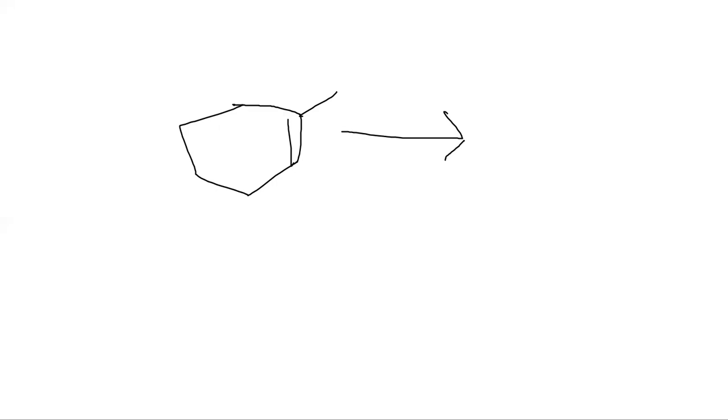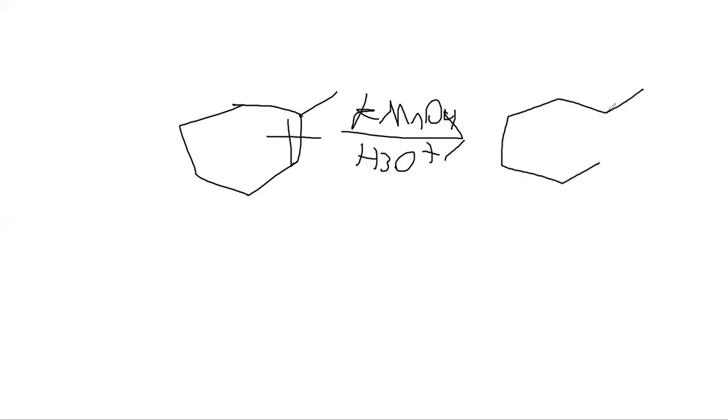Oh, you did, okay. So you have KMnO4 and acid, and this again cleaves the double bond. So you get a ketone up here again. This is looking a bit weird, but instead of an aldehyde here, you get a carboxylic acid at the end of a chain.